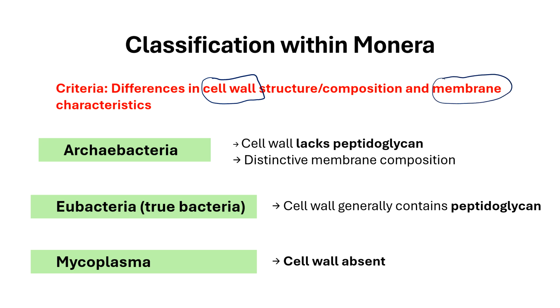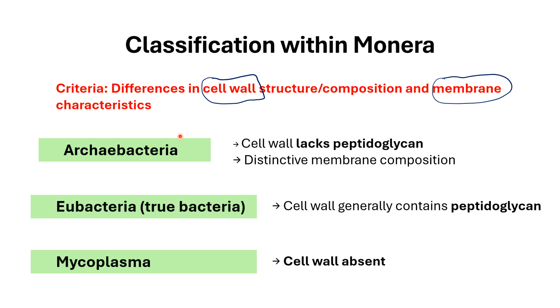Okay, on the basis of whether the cell wall is present or absent, and what the characteristics of the membrane are, we can classify the organisms as Archaebacteria, Eubacteria or true bacteria, and Mycoplasma. Okay, look, now the cell wall is present in both Archaebacteria and Eubacteria, but it is absent in Mycoplasma.